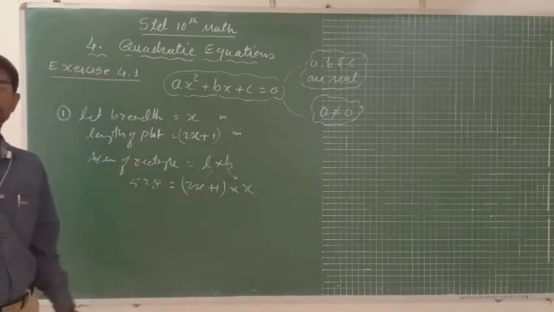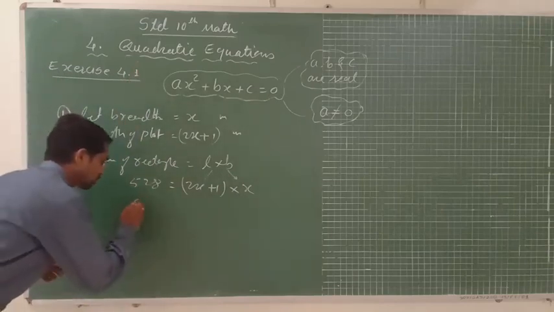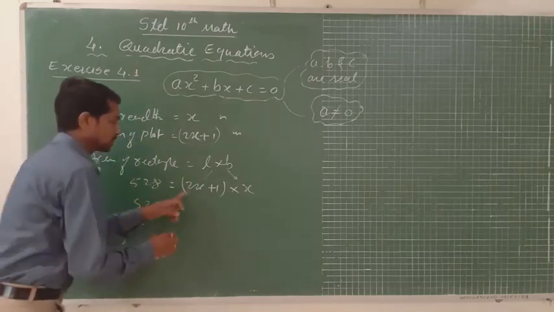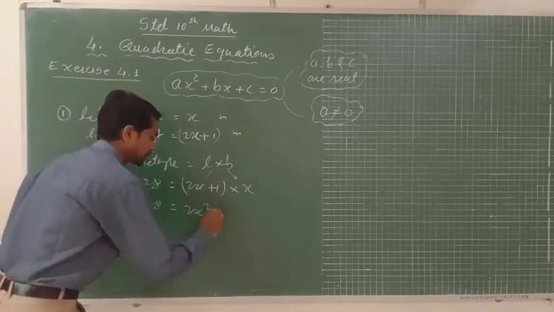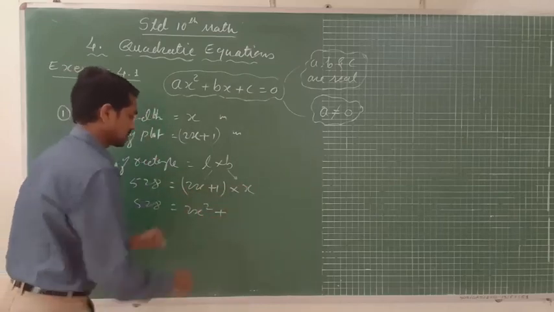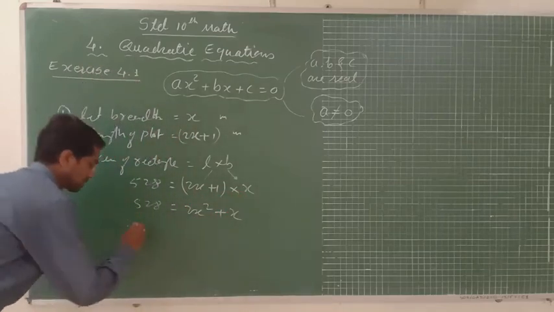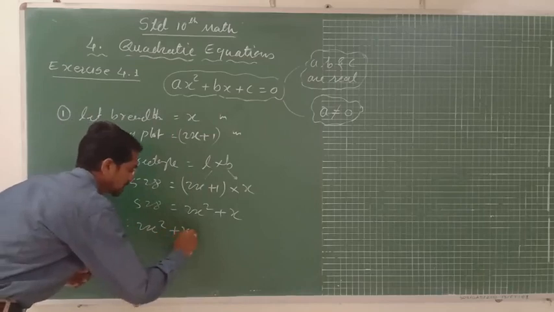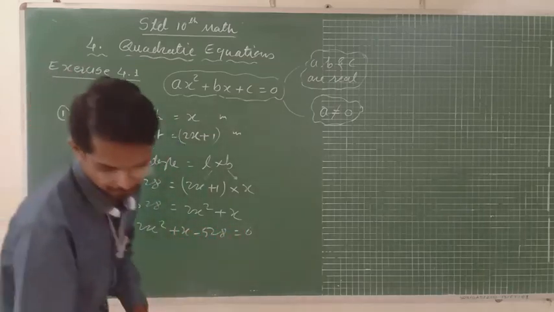Just solve this. If you solve this, you will get the quadratic equation form. 528 is equal to 2x into x, 2x square, plus x. So 2x square plus x minus 528 is equal to 0.